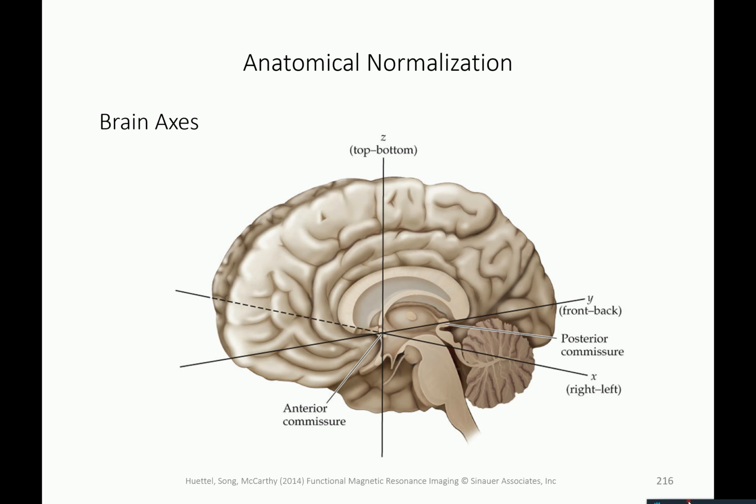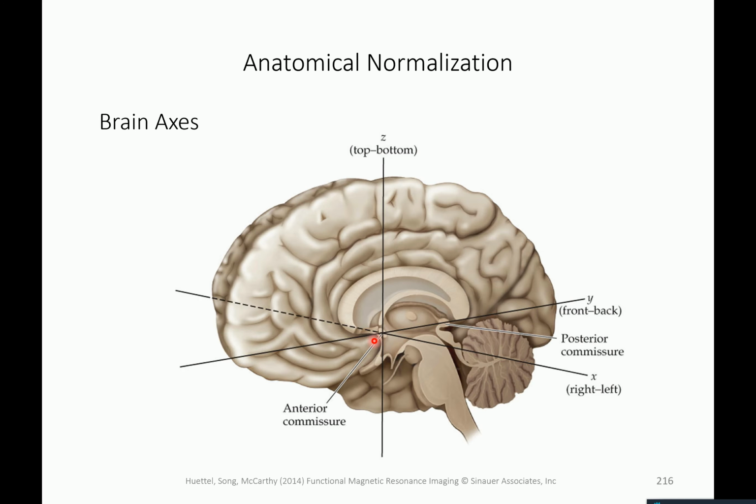Anatomical normalization is always done when you do group analysis, and it is the common form of data analysis, unless you do layer-specific imaging, like we talked about the other day. It's first important to recall that the brain has certain axes, namely a z-axis, top to bottom, a right-left axis, which is usually x, and a front to back axis, which is the y-axis.